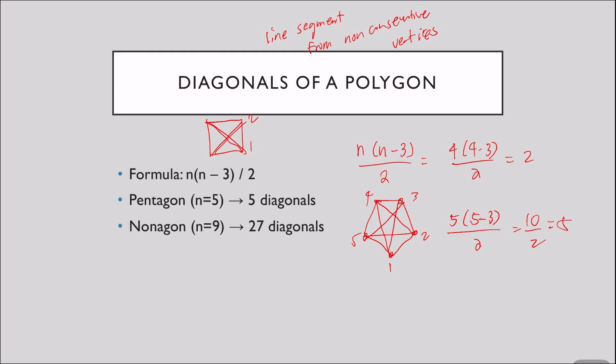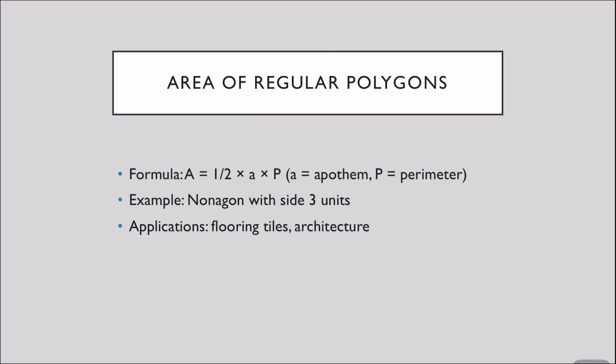How about the area of your regular polygons? If you notice in your regular polygons, when we drew the hexagon earlier, from here, your central angle is actually 60. And your interior angle is 120. So each of these is 60. Right? So imagine, it's an equilateral triangle. Well, this is a special case for the hexagon. But you will notice that you will be making triangles inside when you have a regular polygon.